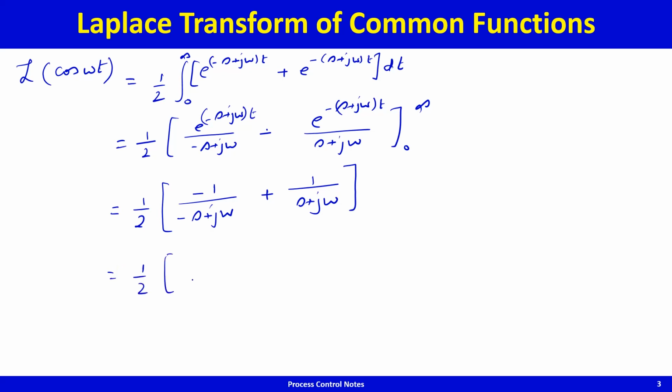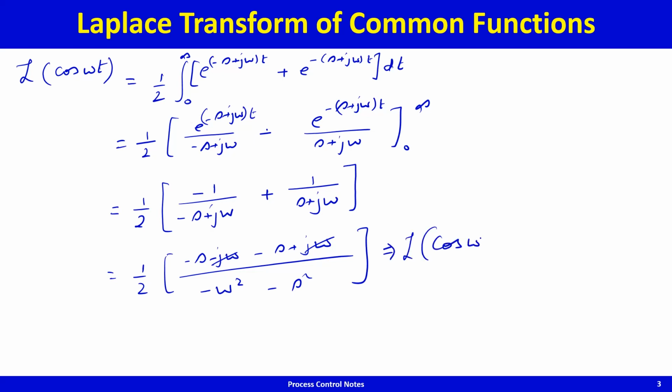Half into, so this guy becomes minus s minus j omega minus s plus j omega divided by j square omega square, which is minus omega square minus s square, and the j omegas cancel out and the minus cancels out, and so we get this is equal. So the Laplace transform of cos omega t turns out to be s over s square plus omega square.